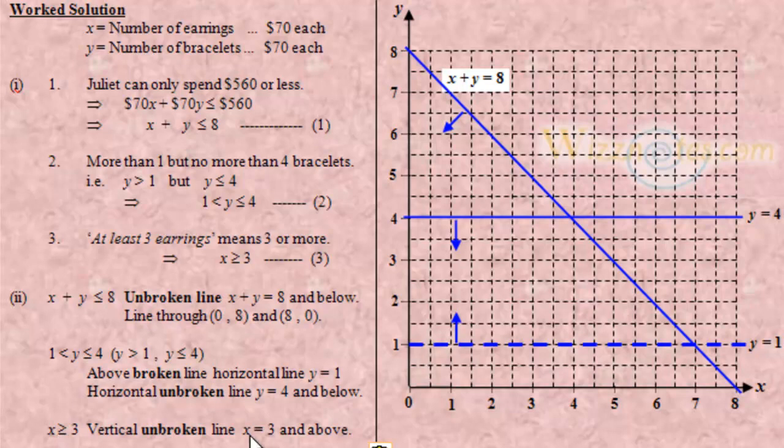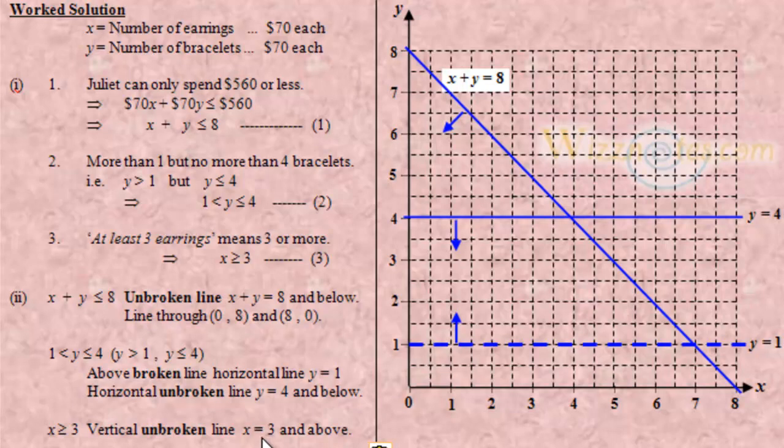Now x equals 3 is going to be a vertical line because the y-axis is x equals 0, and x equals 3 is going to be a vertical line passing through 3. It will be parallel to your y-axis, which is x equals 0, and it is drawn unbroken because equal is a part of this inequality. And then we also want above the line. Now above a vertical line means to the right of the line, right?